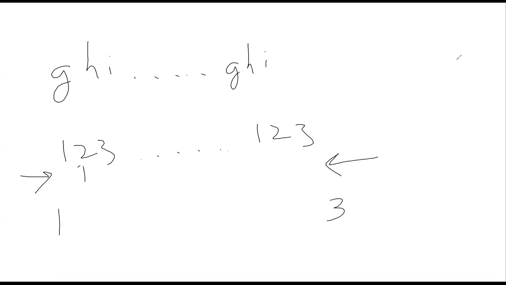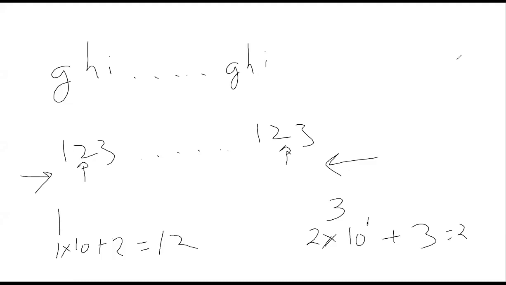If we move one step ahead on both sides, what we'll do is 1 into the base plus the next number, and here we take the new number into base raised to the power of its index. Suppose in this case it's 1 plus 3, and then plus 3, in this case 2. So it will become 12 here, and this one will become 20 plus 3, which is 23, right?